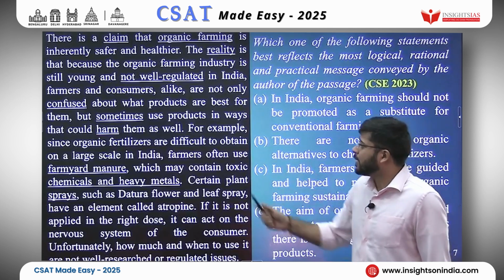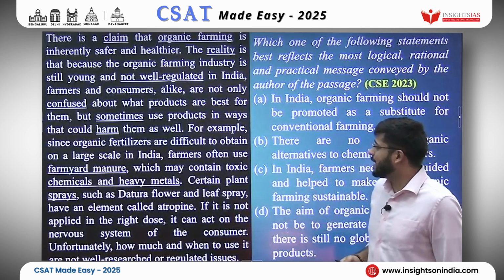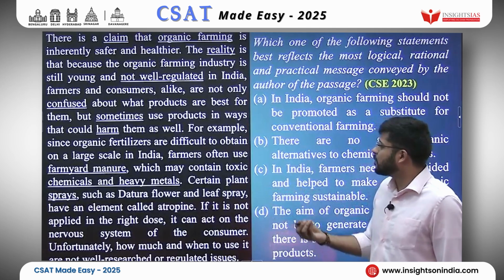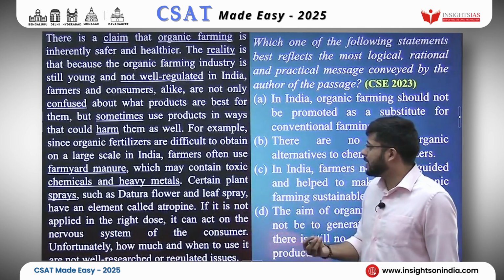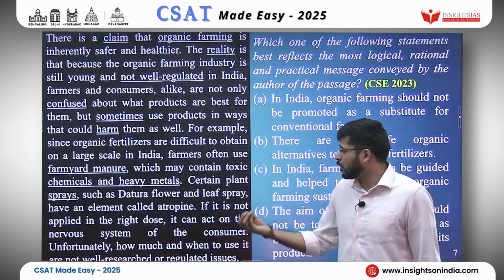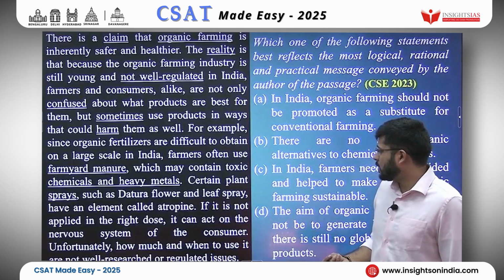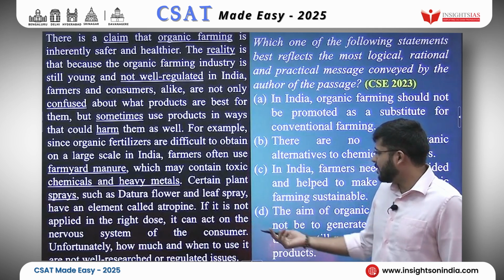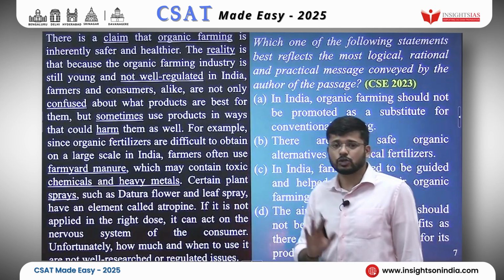For example, since organic fertilizers are difficult to obtain on a large scale in India, farmers often use farmyard manure which may contain toxic chemicals and heavy metals. Certain plant sprays such as datura flower and leaf spray have an element called atropine. If it is not applied in the right dose, it can act on the nervous system of the consumer. Unfortunately, how much and when to use it are not well researched or regulated issues.